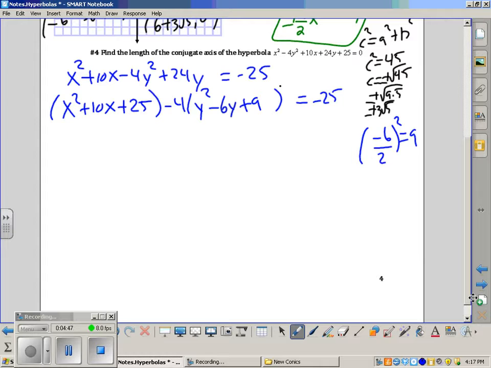So I'm adding 25 from right here. Okay, conveniently that cancels that out. But then 9 times -4, that's -36. So I need to subtract 36 to both sides. So let's see what we get.